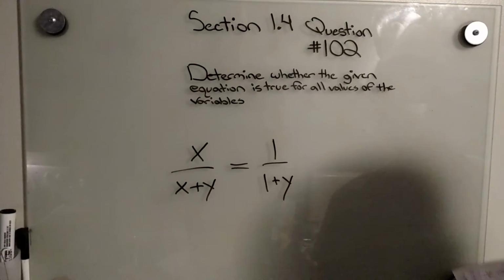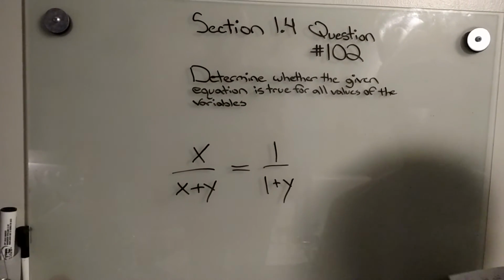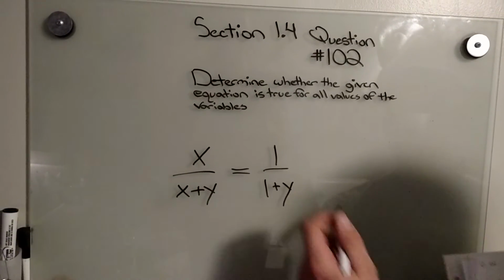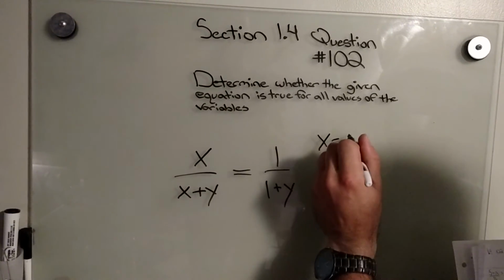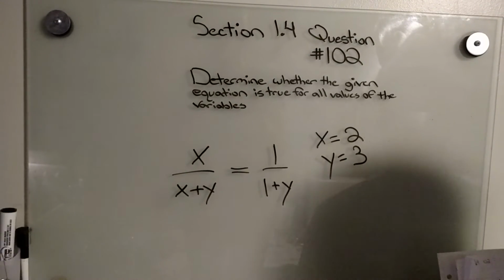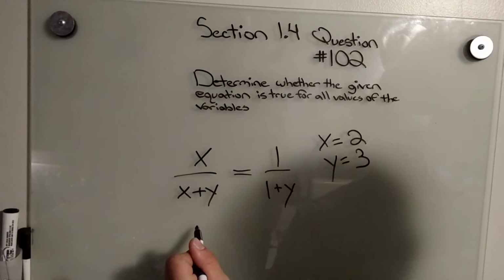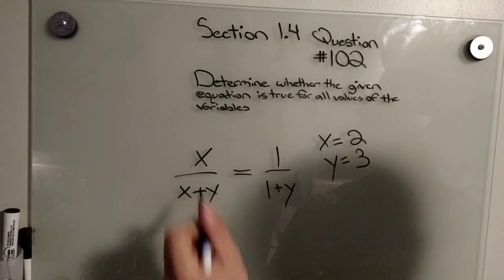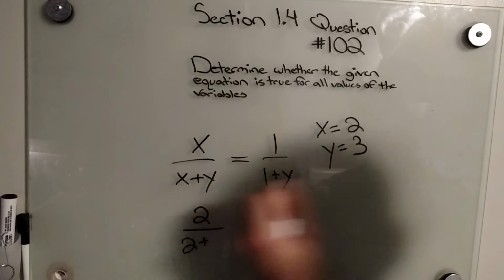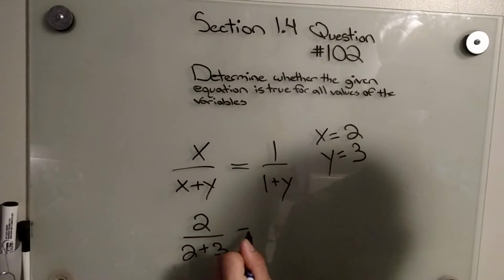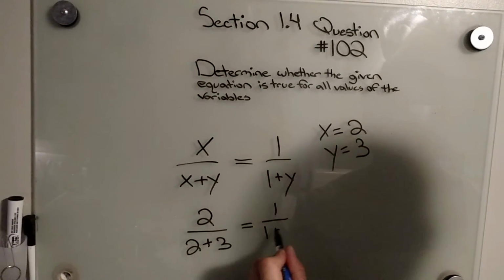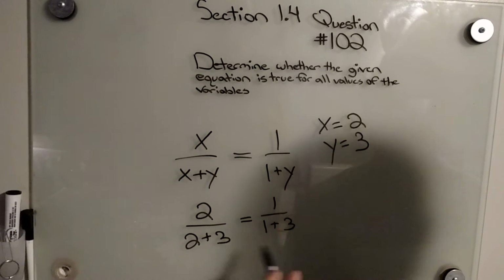For this equation, we can take similar variable numbers to what we had before to prove a counterexample that it is not true either. We plug in x equal to 2 and y equal to 3 into the original equation, which gives us 2 over 2 plus 3 equal to 1 over 1 plus 3.